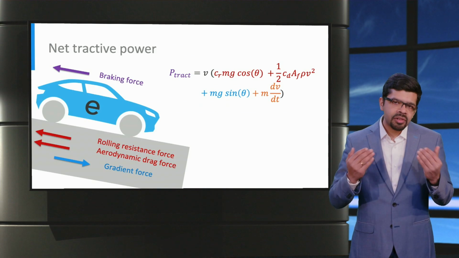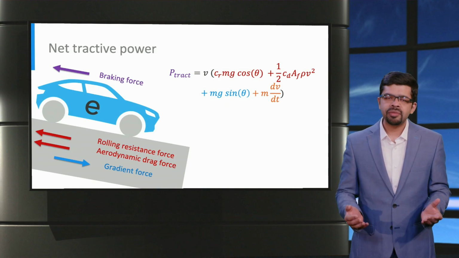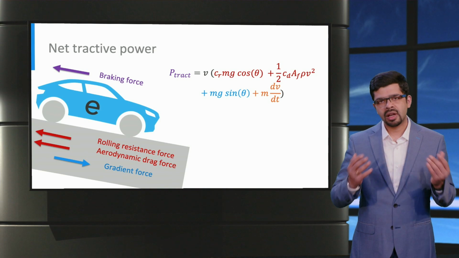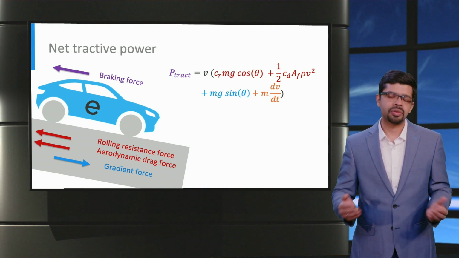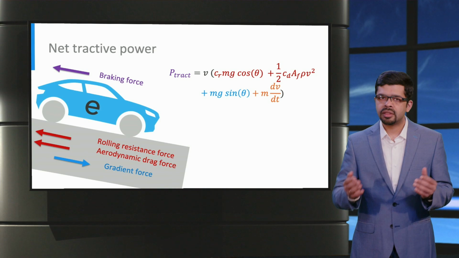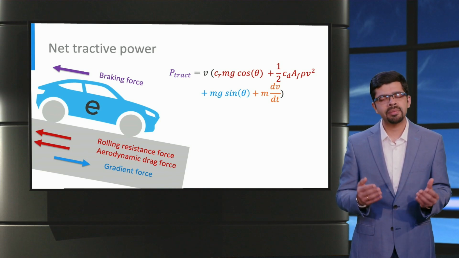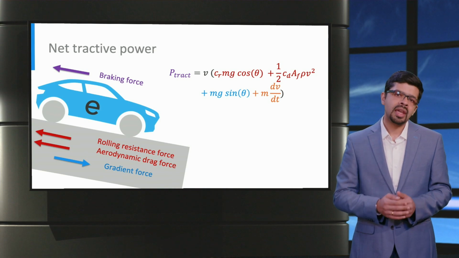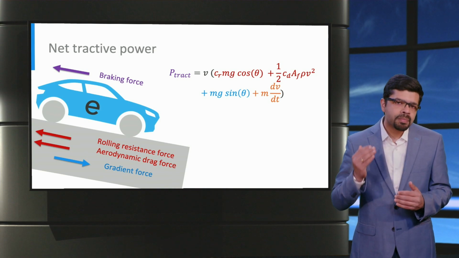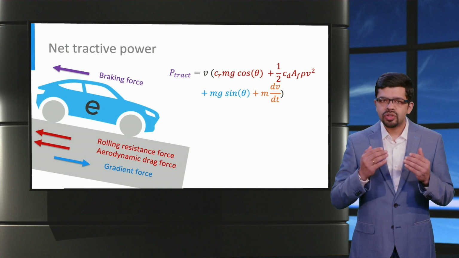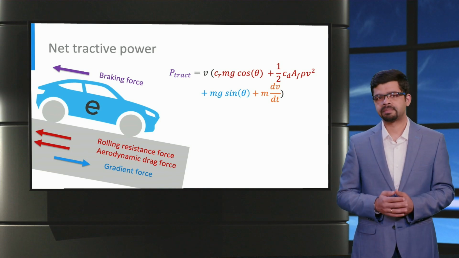The power delivered by the powertrain can be calculated for a simple one-dimensional analysis as per the formula shown. Here, the first two terms in red represent the rolling resistance force and the aerodynamic drag force respectively. These two terms are always positive, which means that they consume power from the powertrain.